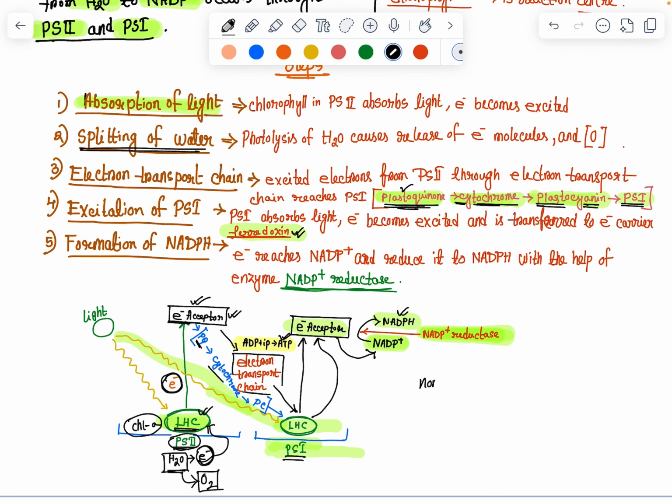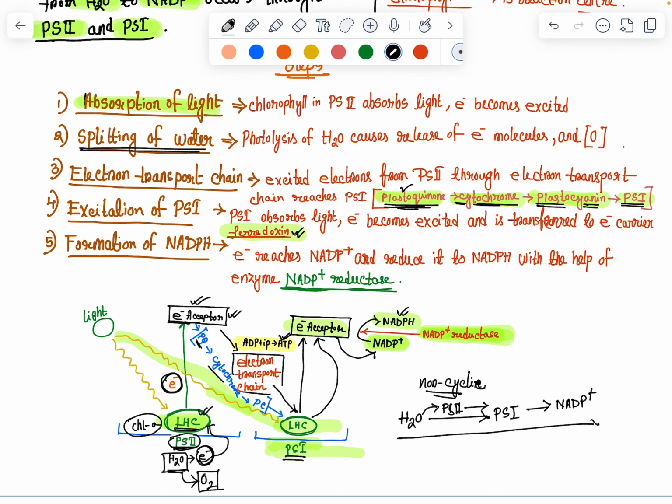Why are we calling it non-cyclic? Because the electron that is moving forward is not coming back. The flow of the electron is from H2O to PS2, then PS1, and at last it reaches the NADP plus.